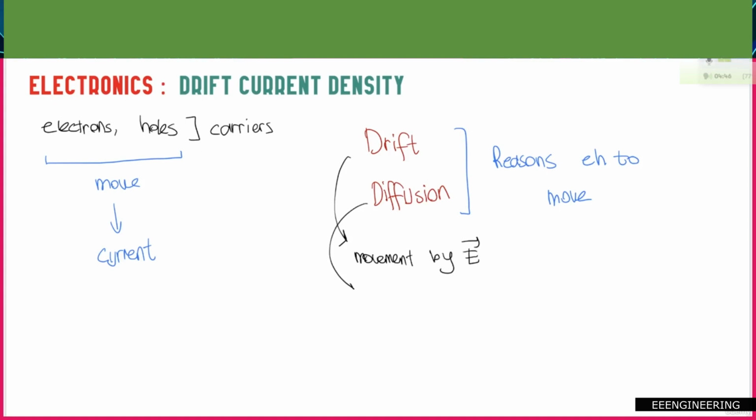And what about diffusion? Diffusion is the flow that is caused by variations in the concentration. What is that supposed to mean? Let me first put it right in here, variations in the concentration. Basically what we are trying to say is that we have a concentration of electrons and holes, and in those concentrations we have some gradients.